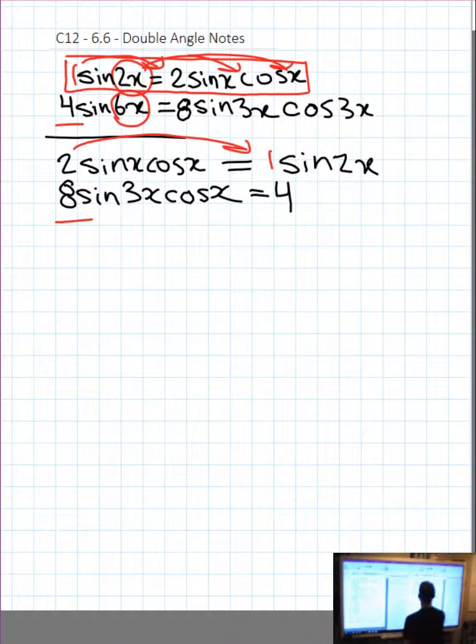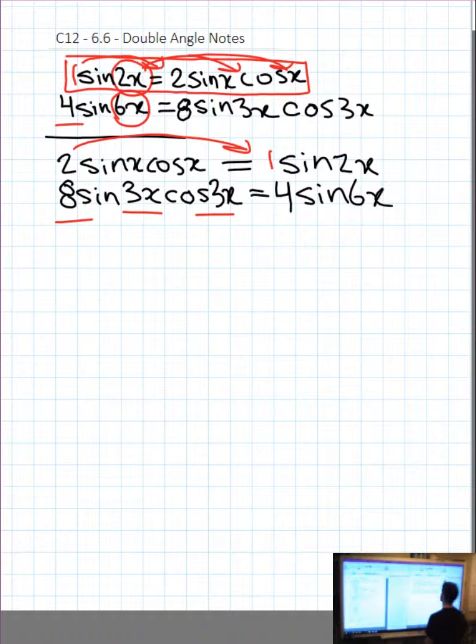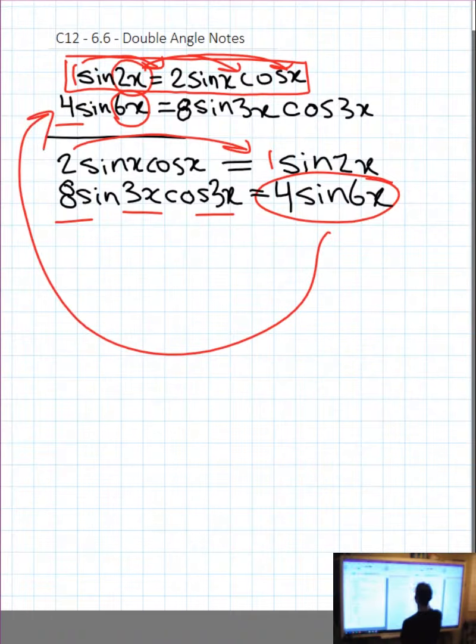And I learned from before that if I reverse the process, now I have to double the angle in my old angle, 3x, the same thing as above. Excuse me, it's been a long day. So, double the angle: 4 sine 6x. And that I'm going to circle, and notice that was the same thing that we started as.